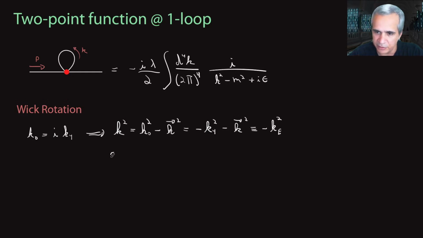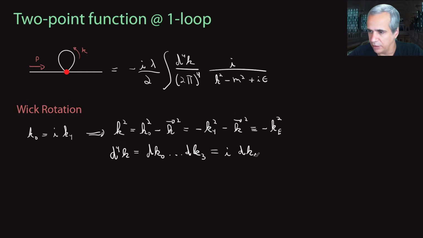The measure of integration, which is written as dk0 all the way to dk3, now becomes i dk1 all the way to dk4, which I'll call i d4k Euclidean.